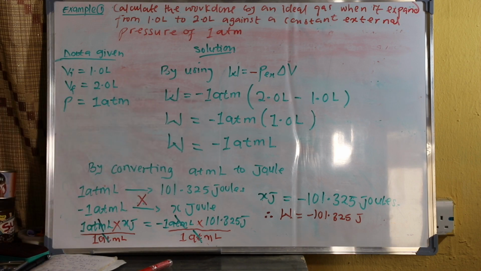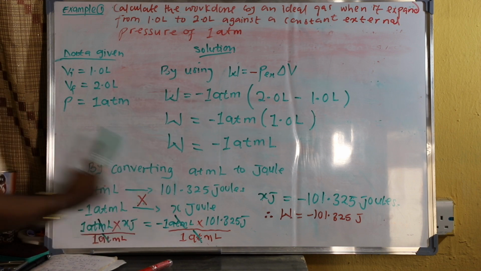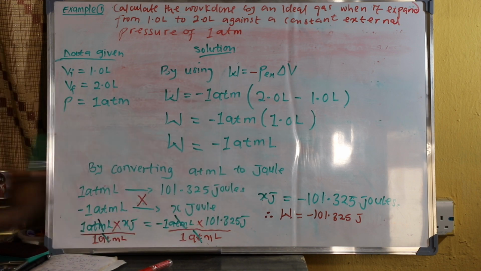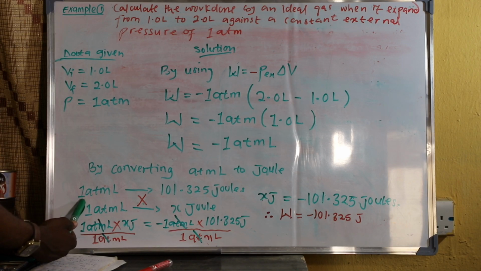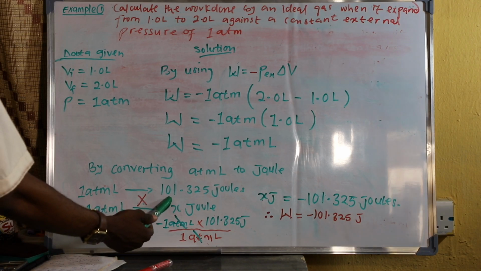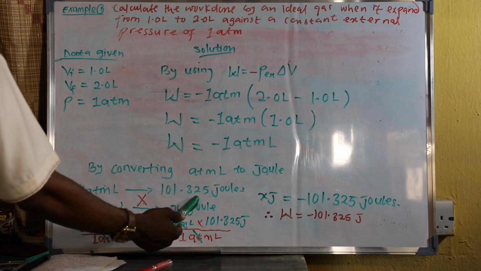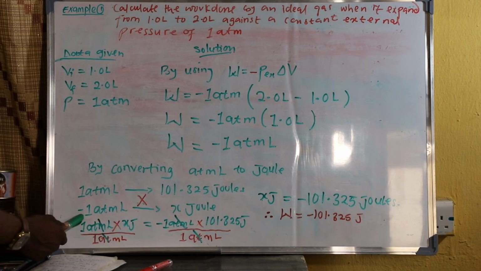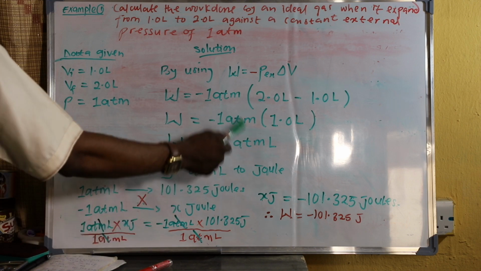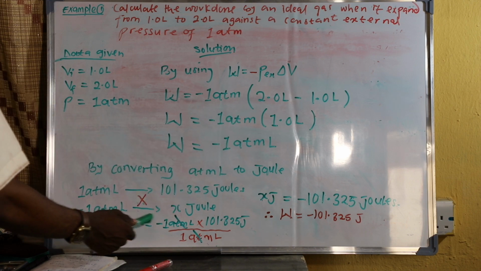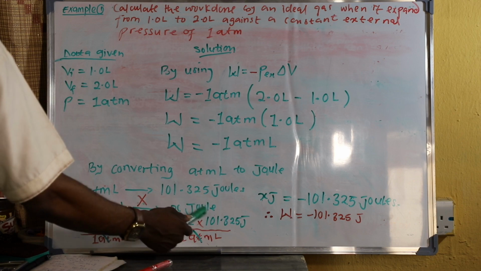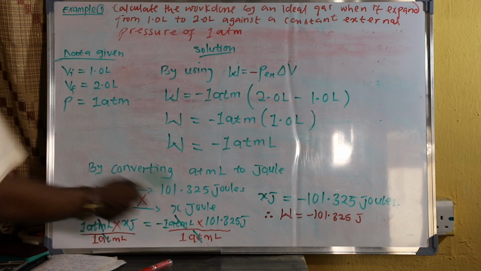The unit of work is joule. We have to convert atm liter to joule. By converting atm liter to joule, we know that 1 atm liter is equivalent to 101.325 joule, and minus 1 atm liter is equivalent to x joule. The number for x is what we are going to find.